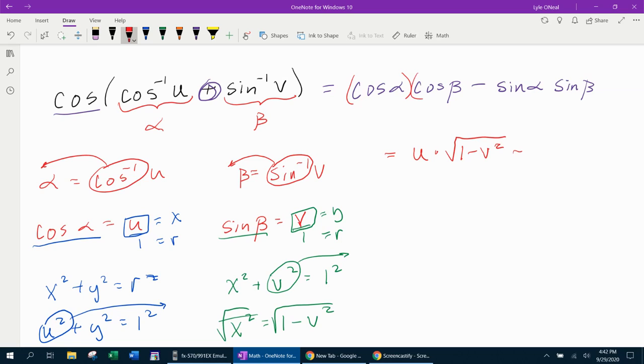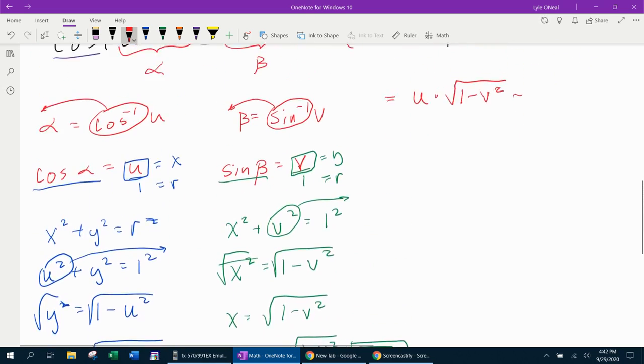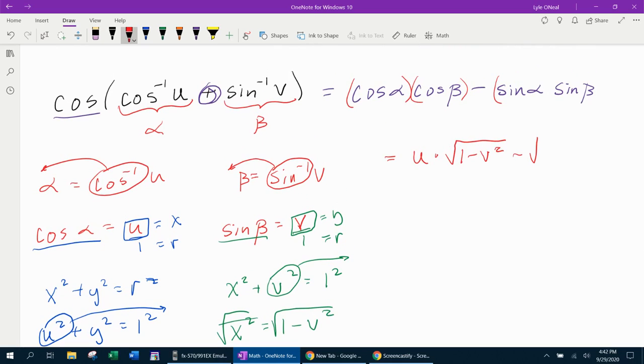Minus the sine of alpha was the square root of 1 minus u squared. And the sine of beta was v. And believe it or not, that's about as simplified as that's going to get.